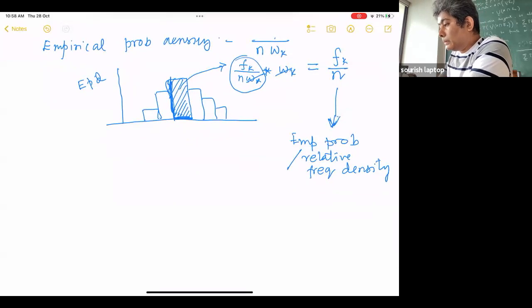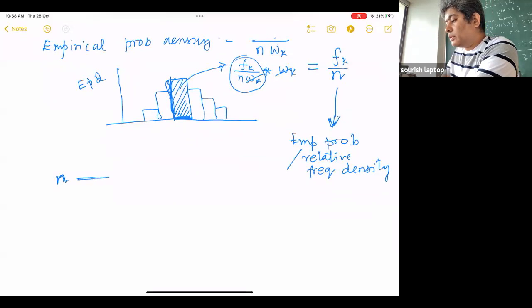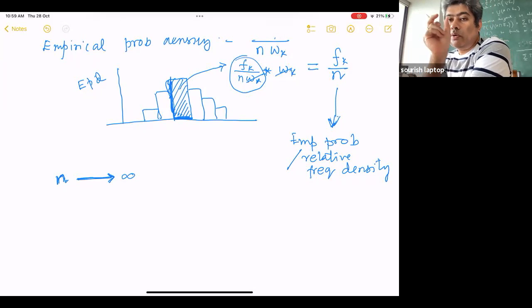Now, two things happen. Suppose again I go to the idea of a thought experiment: that we have an infinite amount of resources and are able to draw as many samples as we want. So my sample size keeps increasing, and I am making it go to infinity. If I have lots and lots of samples, then I really don't have to take a big width.